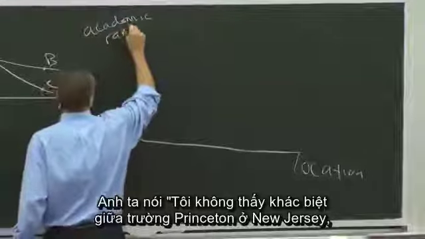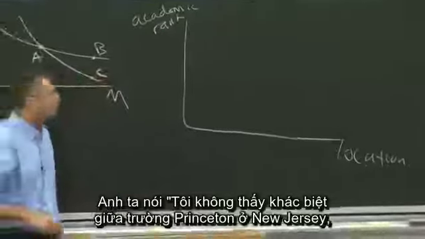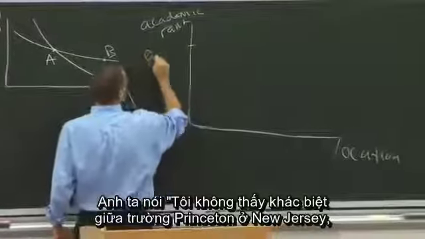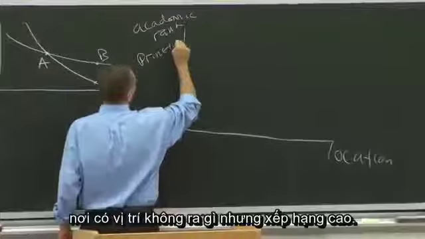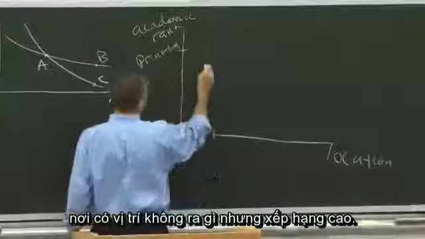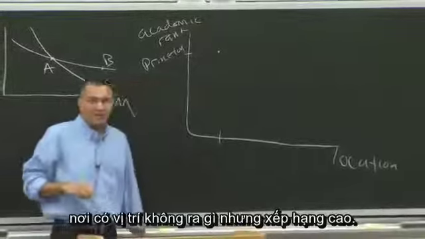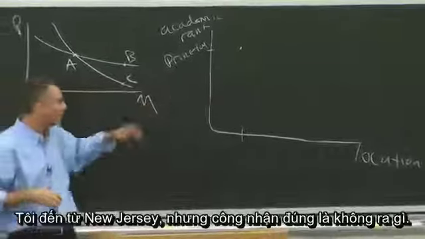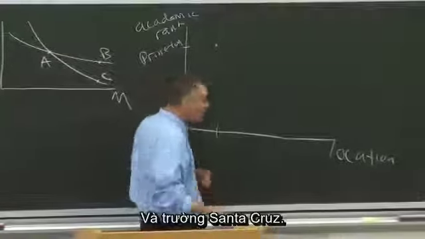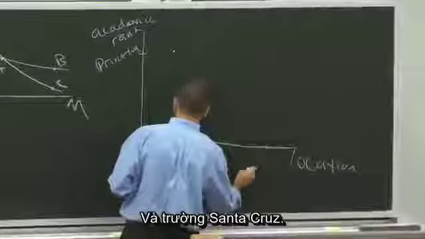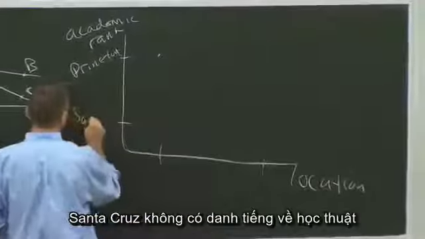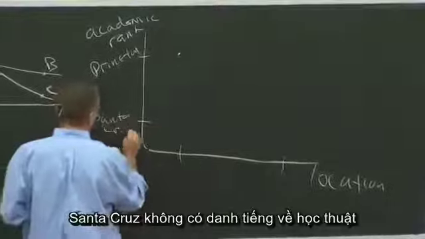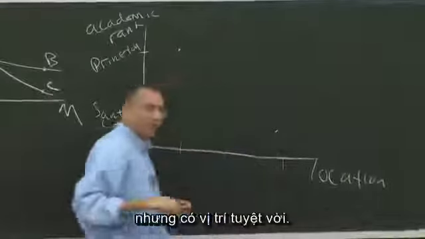And he said, look, I'm indifferent between Princeton, which has a shitty location, okay, but a wonderful academic rank. Okay, I'm from New Jersey, but it's still a shitty location. Okay, and Santa Cruz, which has not such a good academic reputation, but a pretty awesome location.